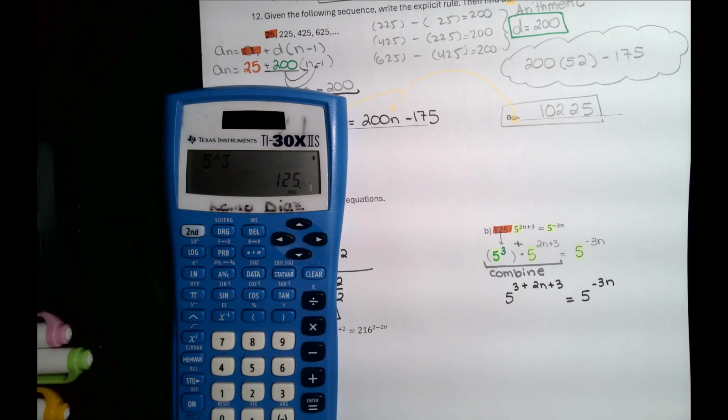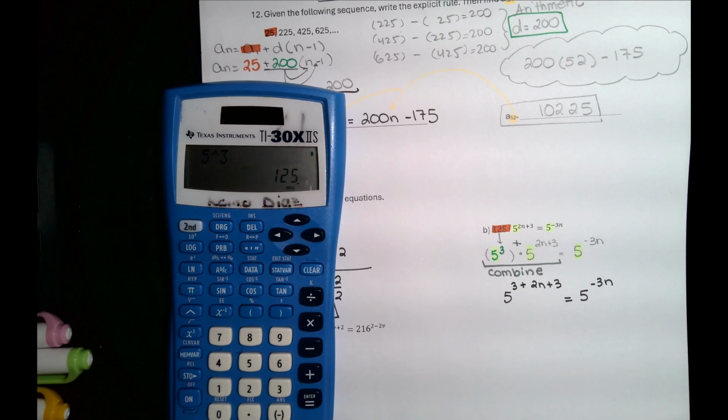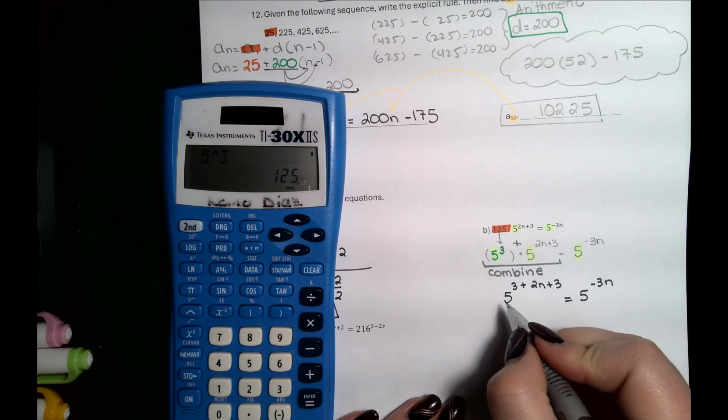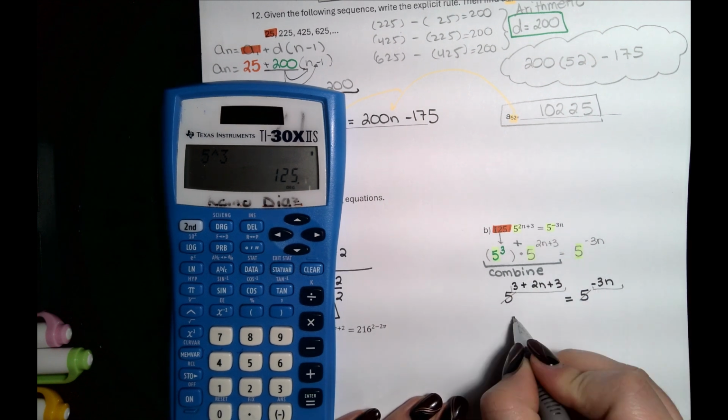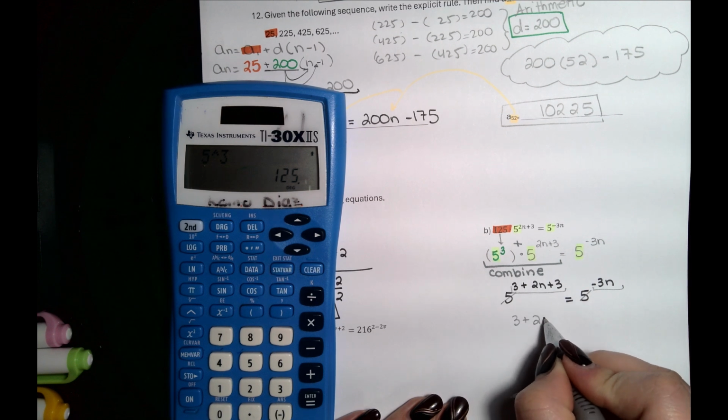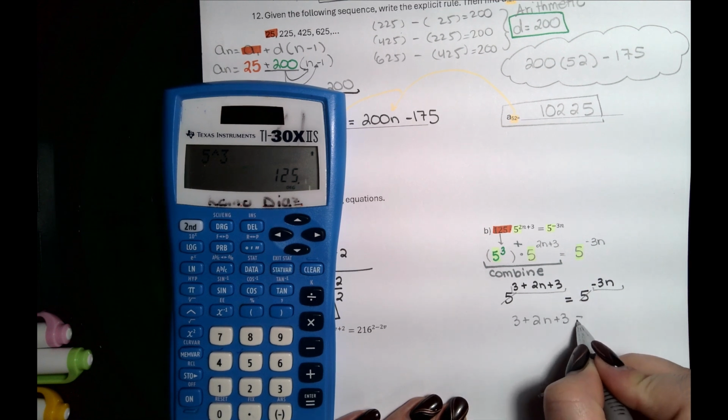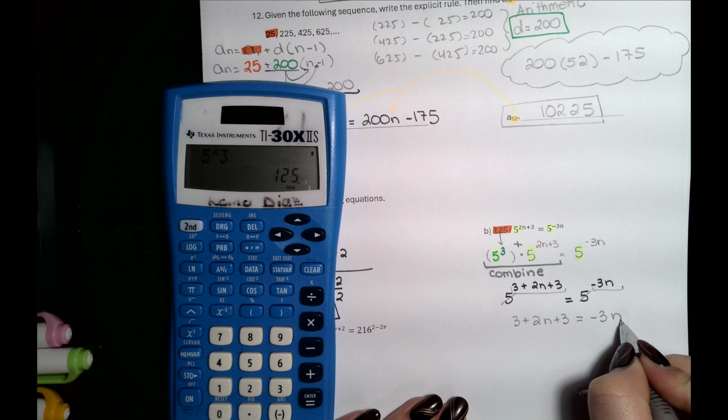And then copy down on the right-hand side. Now that we are at a level 1, we can then remove the bases, bringing down all of our exponents. 3 plus 2n plus 3 is equal to negative 3n.